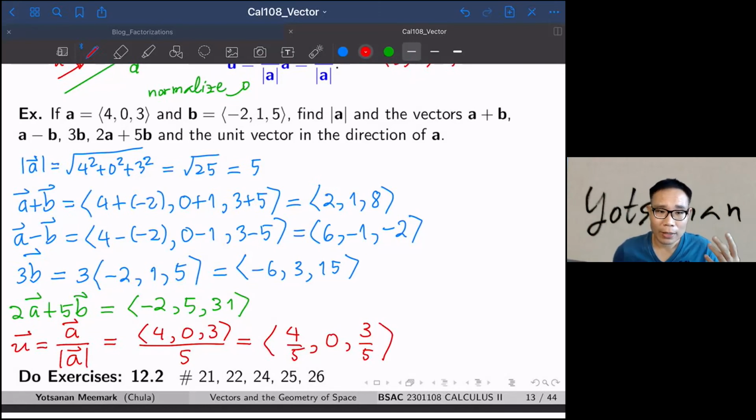The next topic that we're going to cover in the next video is the dot product and the cross product, which are going to be used in order to find the equations of lines and planes that we're going to study next. Okay, so I think that is it for this video.